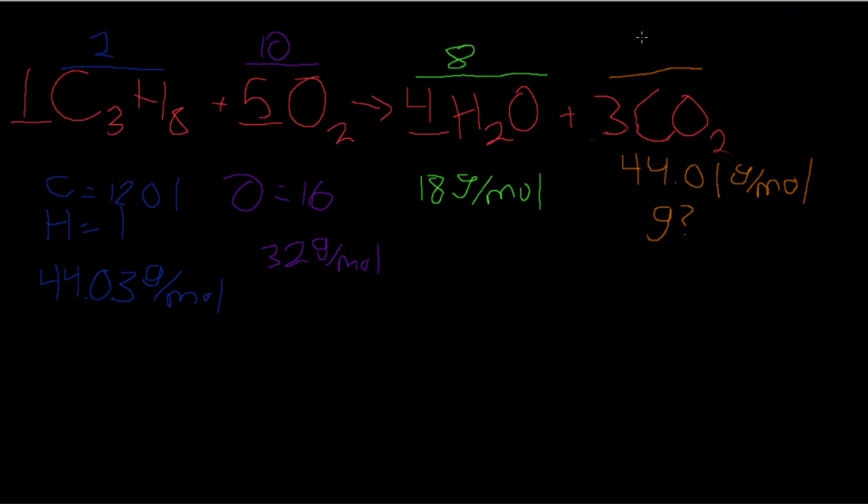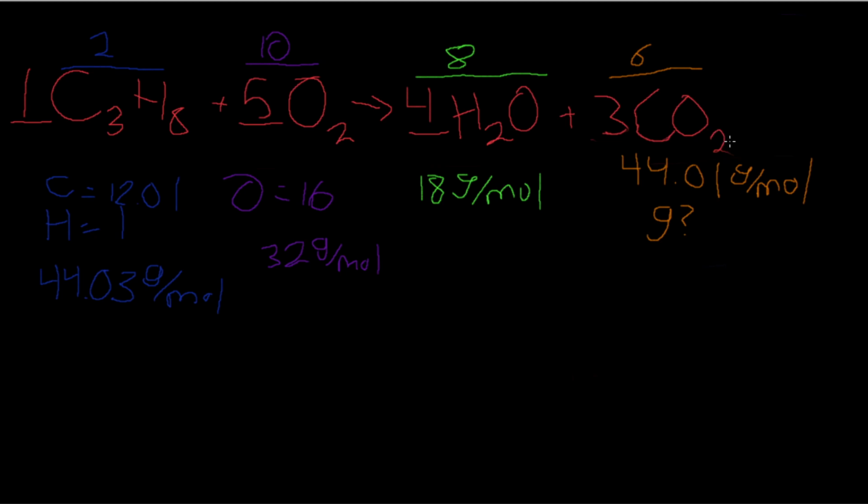And this will be, since we doubled this, and since we doubled this one, if we want a complete reaction, that means we have to double this as well, and double this last one as well. So 6. So that is how many moles of carbon dioxide we will get if we have a complete reaction with 2 moles of this.